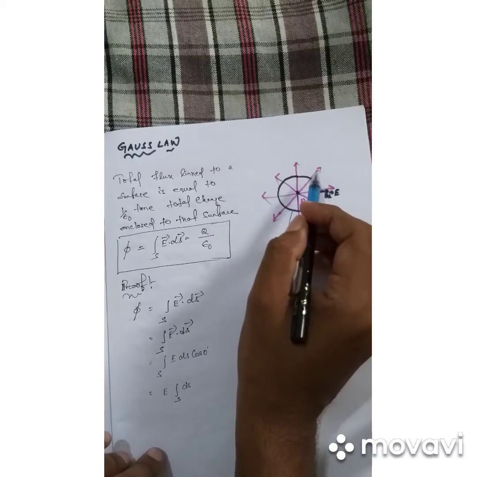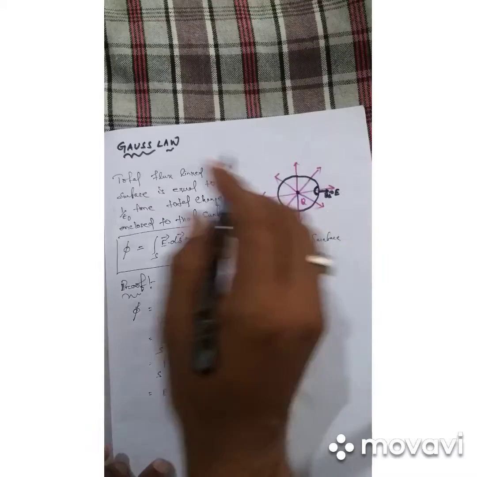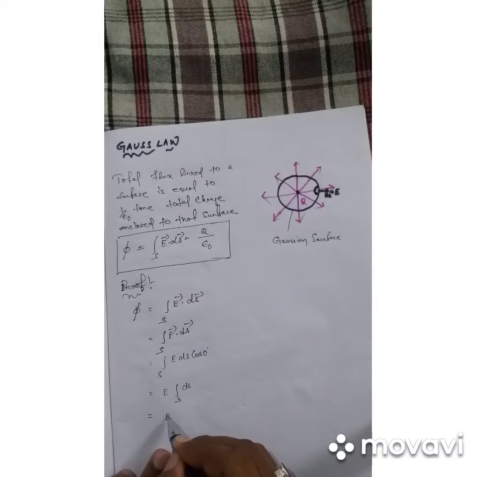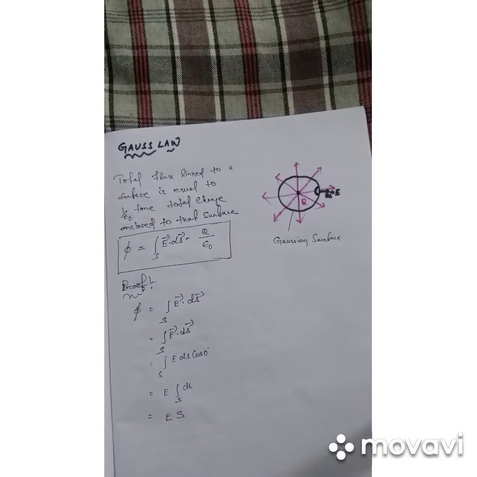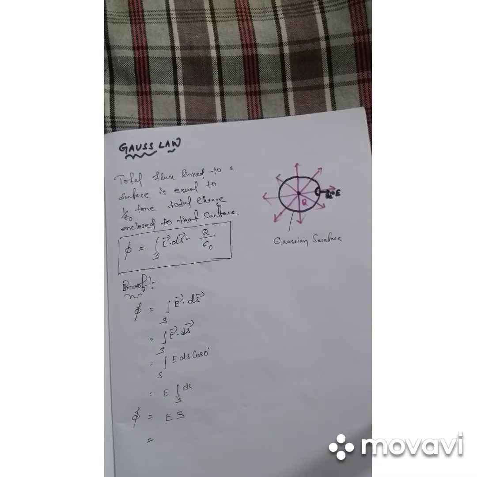So the total flux generated due to the spherical surface is given by E into S, because the integration of dS is S. Integration means addition of all the small surfaces. So phi equal to what? ES.